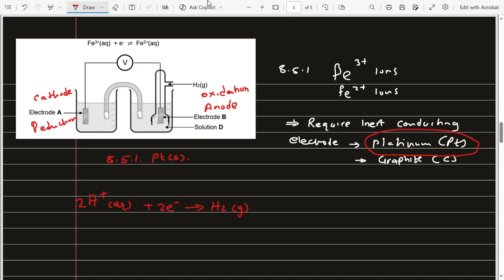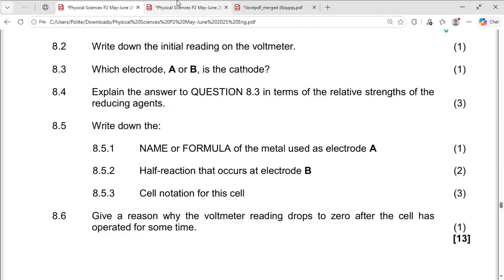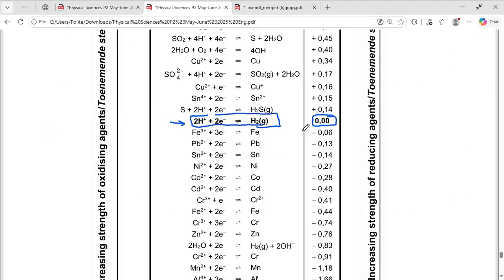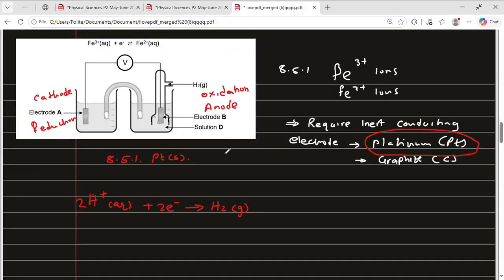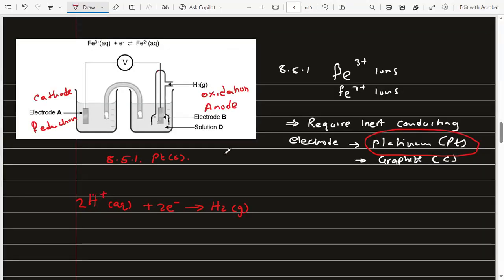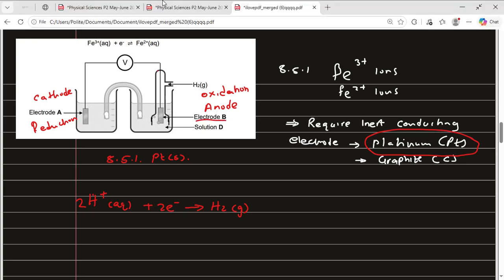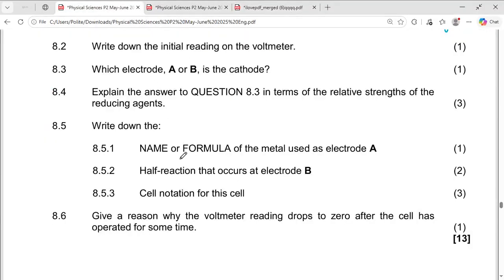This is just what we got from the table, as you can see there. Now because oxidation occurs at B, look at this. The oxidation occurs at B, and what is the question saying? The question says the half cell reaction that occurs at electrode B.